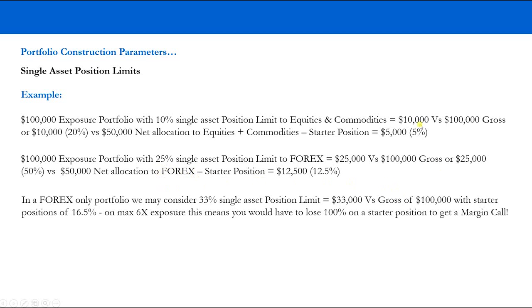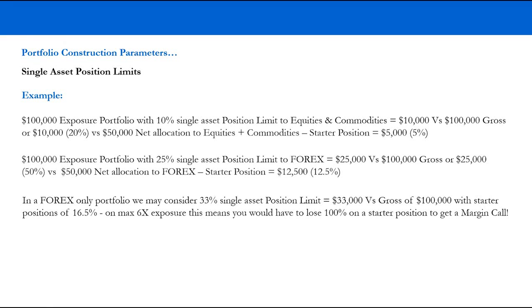If we apply the same principle as before, in terms of half our position limit being a starter position limit, then in Forex this would mean $12,500 as a starter position, or 12.5% of the overall portfolio as a limit for our starter positions in Forex.